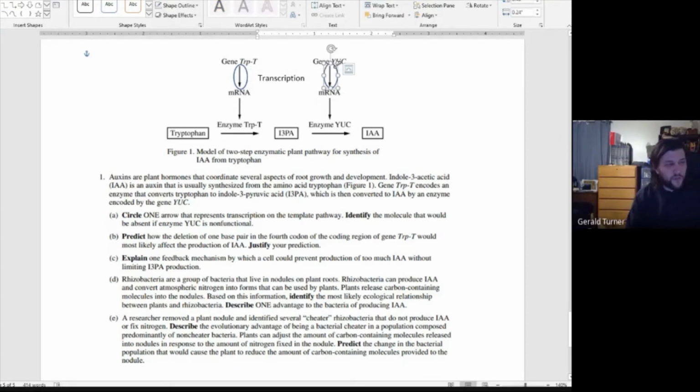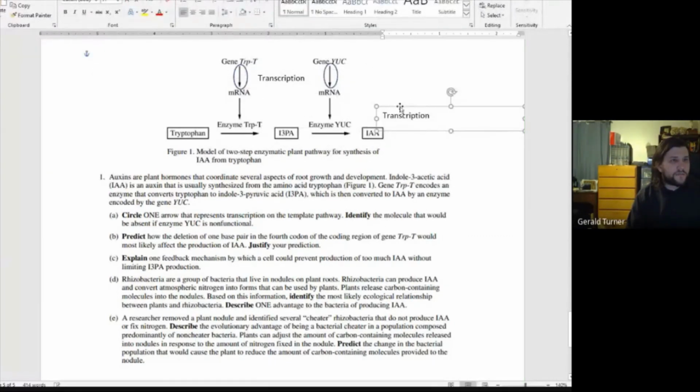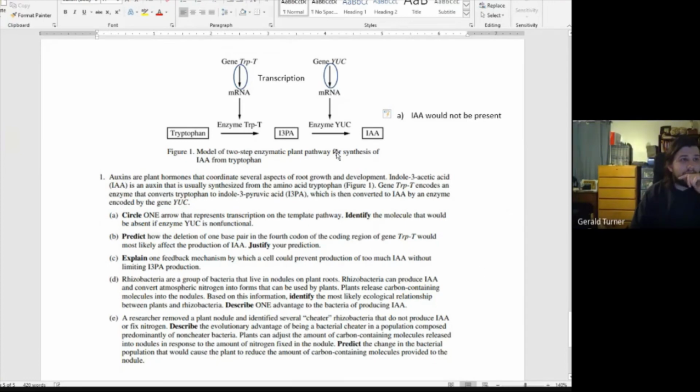I'm not going to circle that, that's too confusing. Instead, we're going to say that IAA would not be present. So we'd get tryptophan converted to I3PA, but it would get stuck there.